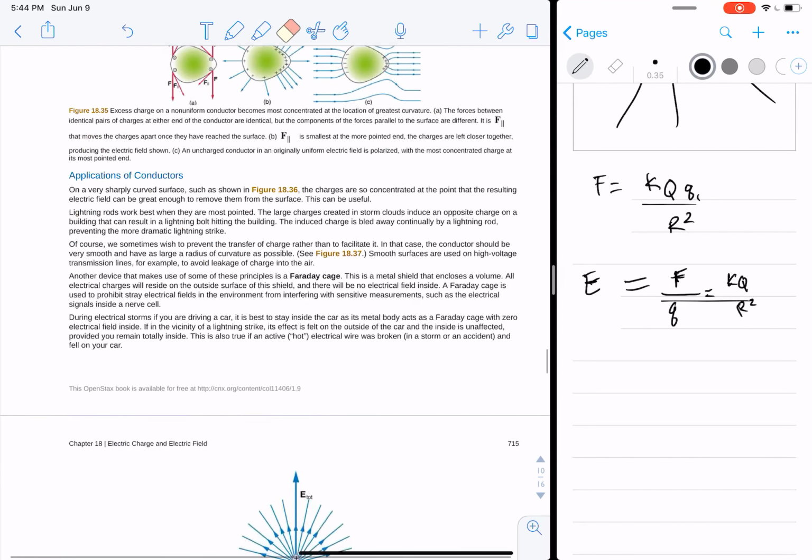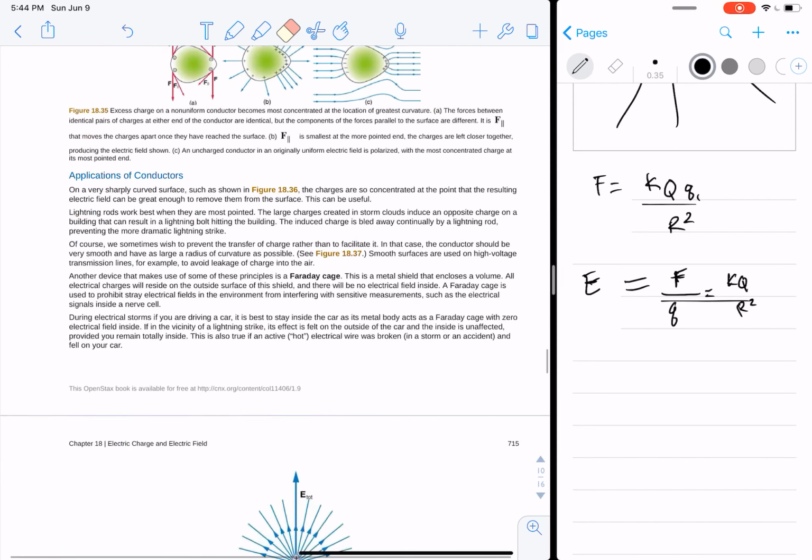Okay, and then you've got your applications of conductors. Now, there's a cool thing called a Faraday cage, which is also an elevator. If you've ever gotten in an elevator, you lose your cell phone signal. Now, you might think maybe there's something special about the elevator, but your phone works in the building, so it's not like you go into some place where there's more building.